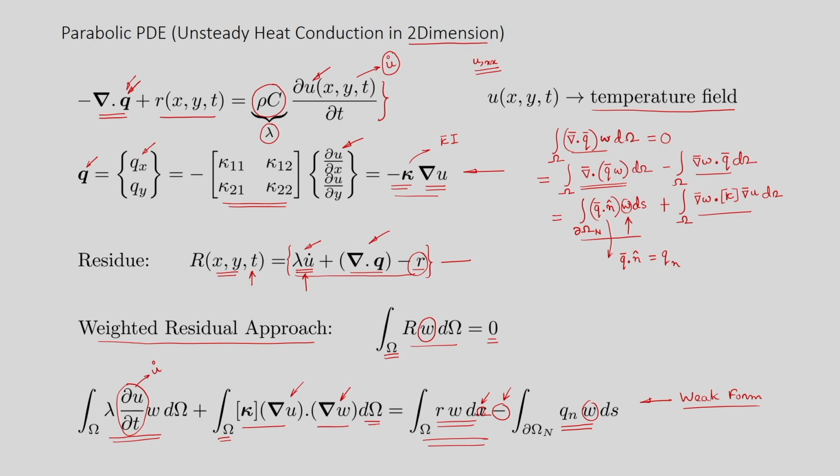So, this has been discussed earlier. Now, this part actually is known to us already, only the new part for the problem in hand is the first term in the left hand side, that has come because of the time derivative of the unknown function u. So, this is how we arrive at the weak form.